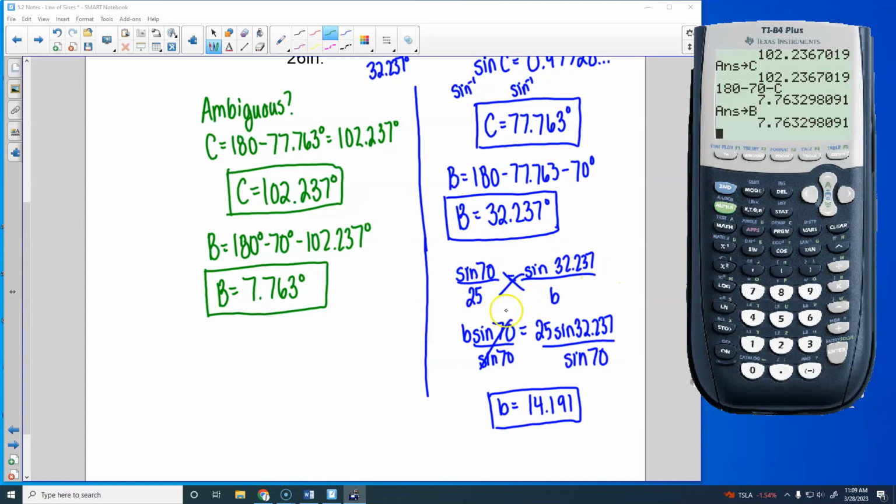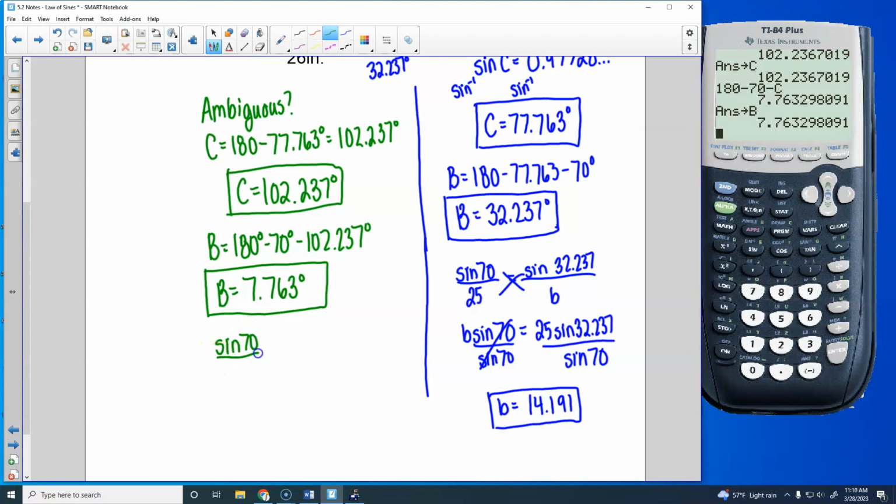Basically, I'm doing exactly the same thing I did over here, but this time B doesn't equal 32.237. It equals 7.763. So it's going to be sine of 70 over 25 equals sine of 32.237 over B. No, why did I write that down? What did I just do wrong? I wrote down the B from the other side. B should be 7.763. I'll cross multiply.